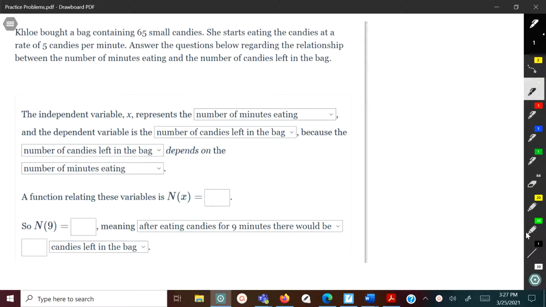So she's going through this candy, 5 candies per minute. So you start off with 65. Now this is different than the other problems because instead of going up, you go down. So you'll need to subtract. But the number of candies in the bag is dependent upon how many minutes have gone by where she's tearing through all these candies.